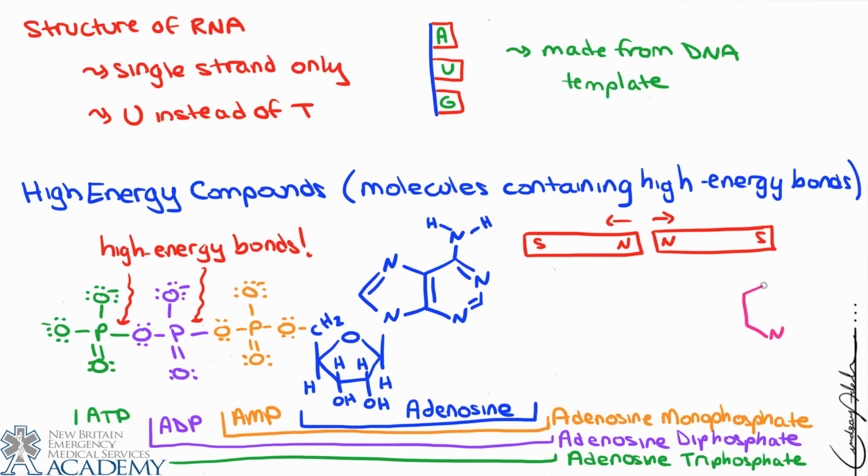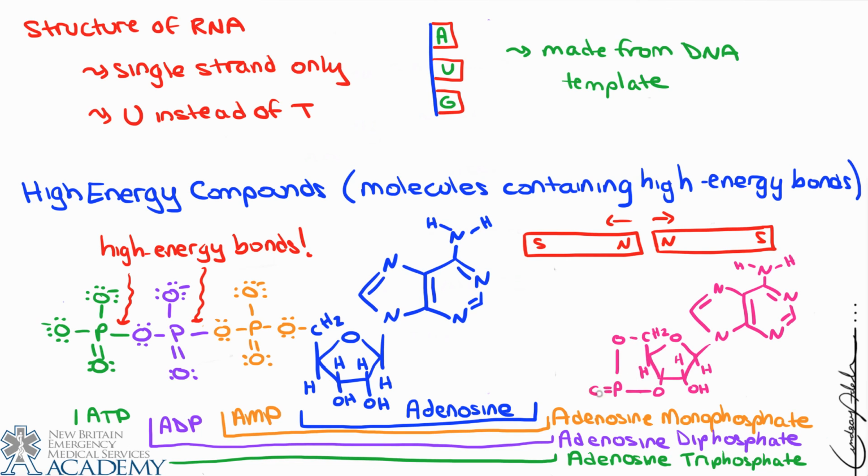And the last thing I want to mention, in the same family but a little bit off topic, is what's called cyclic AMP. So I'm going to again draw adenosine, and we have a phosphate group attached, but this time you can see that the phosphate group, instead of just being attached once, is actually attached twice to the ribose, and it makes a circle between the oxygens and the phosphorus atom.